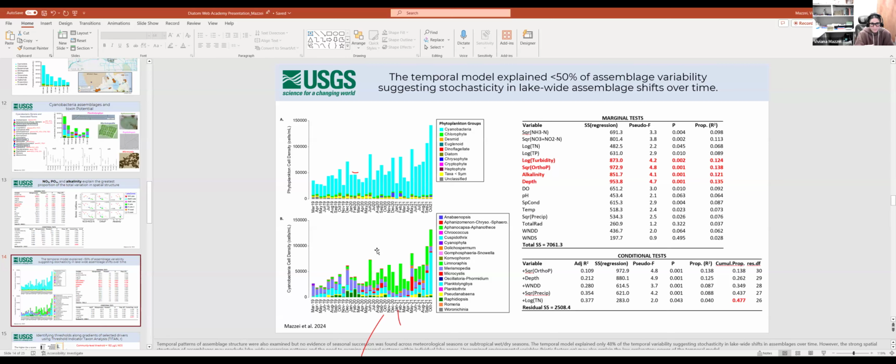So we're thinking those zones might be experiencing their own temporal patterns and that we probably need to look at those individually rather than lake-wide shifts over time because it's so heterogeneous. Interesting.